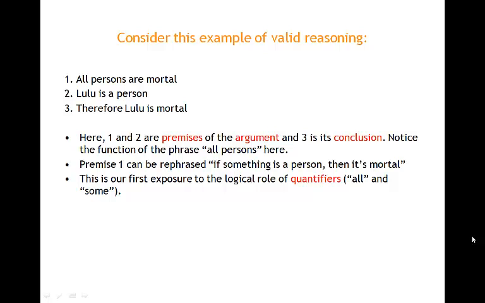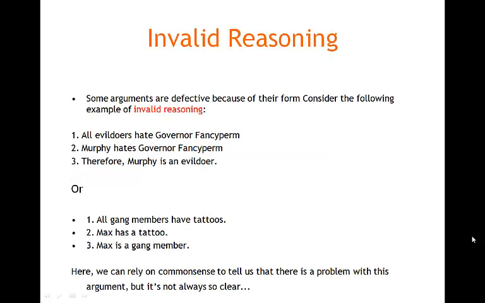Then it's going to be a valid inference. Notice that this is the first time we've introduced the quantifiers all and some into our discussion. All and some, as we'll see later, have a very nice set of logical properties. We'll see some of that at the end.